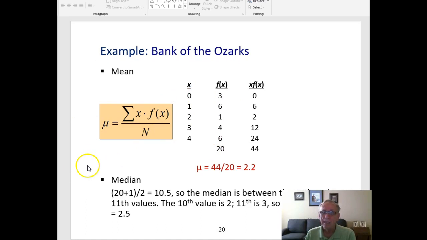To establish mu, we take x times the f of x, add those numbers together, add the f of x together, and we end up with 44 divided by 20. Mu is 2.2. Median, same type of process as we used before.